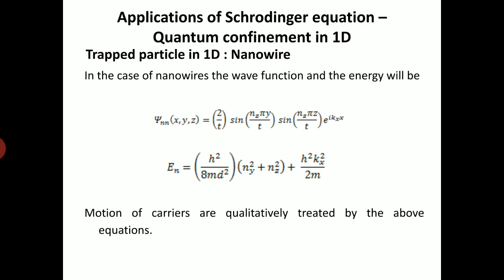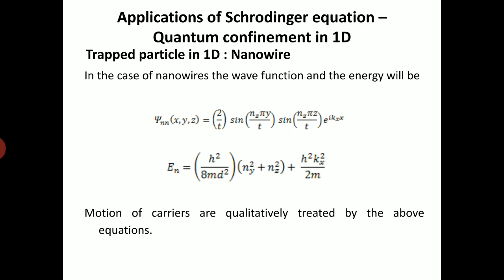If we substitute the values n = 0, 1, 2, 3, etc., we get the ground state energy level, first, second and third states, and higher energy levels. Substituting the value of n in the wave function, we also get the wave functions for the ground state and the first, second and third energy levels.